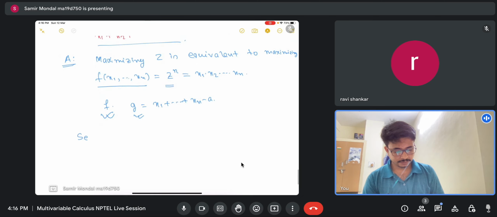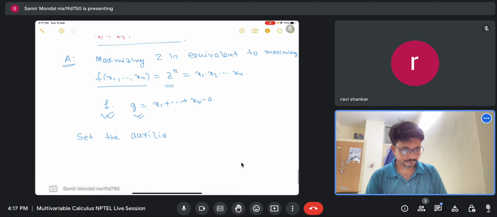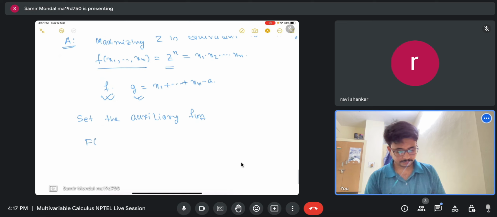Set the auxiliary function f plus lambda g.